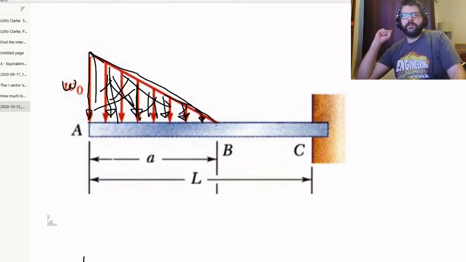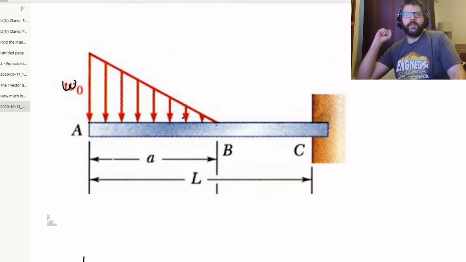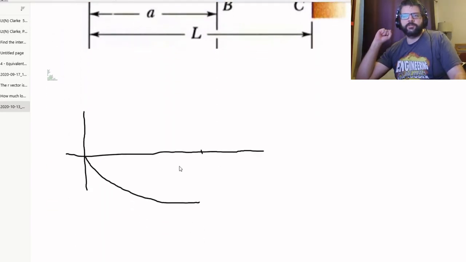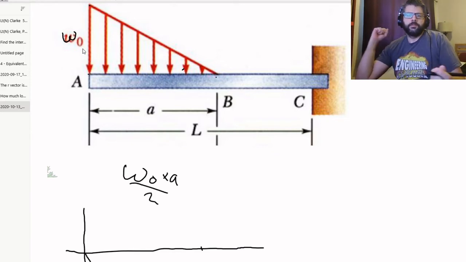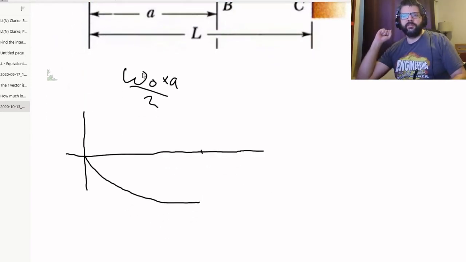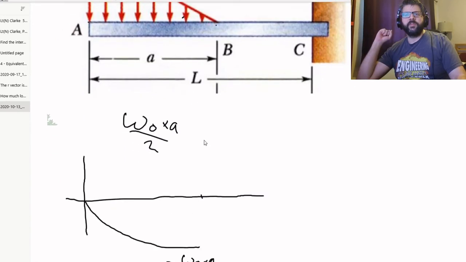So basically, if we've got a relatively simple shape like a triangle, then the magnitude of the change in the shear is going to be equal to the area of the triangle, which is base times height over 2. So that is going to be the value of the shear at that point. Negative because it's pushing downwards.